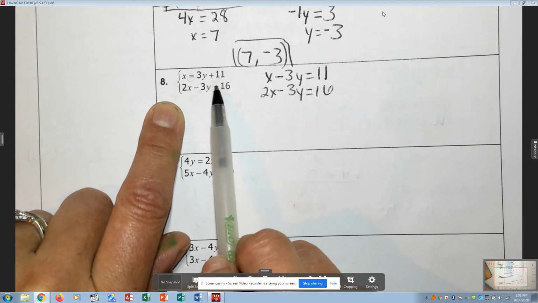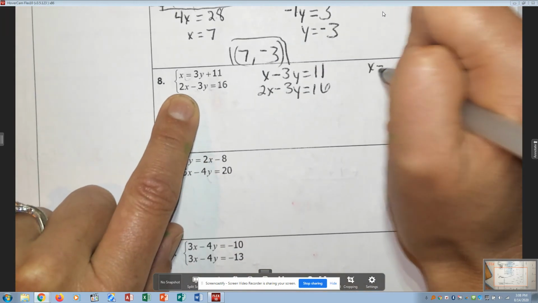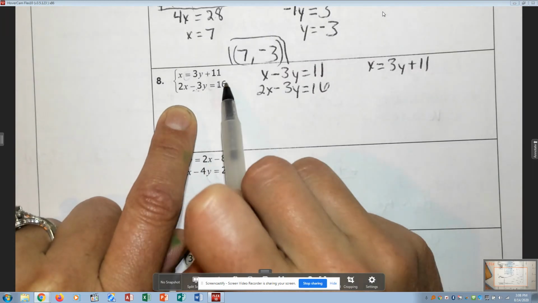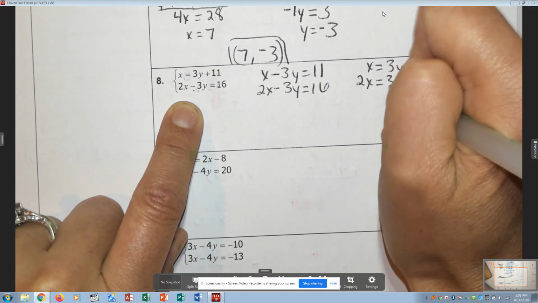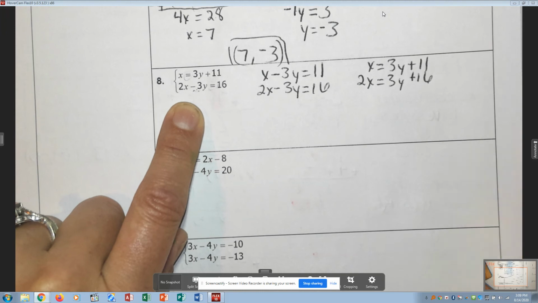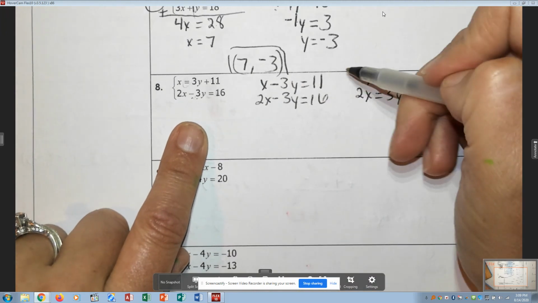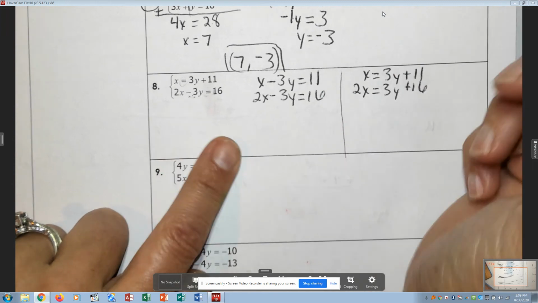Or I can add 3y to both sides. So then the top equation would stay the same, and then I would add 3y to put it over here, plus 16. Either way, you're going to come up with the same answer. I'm going to go with this one here.